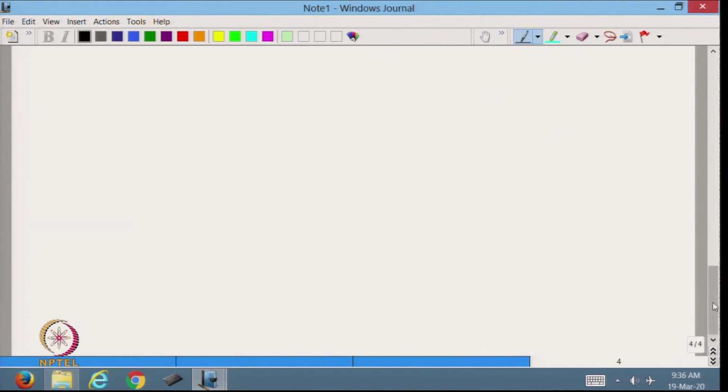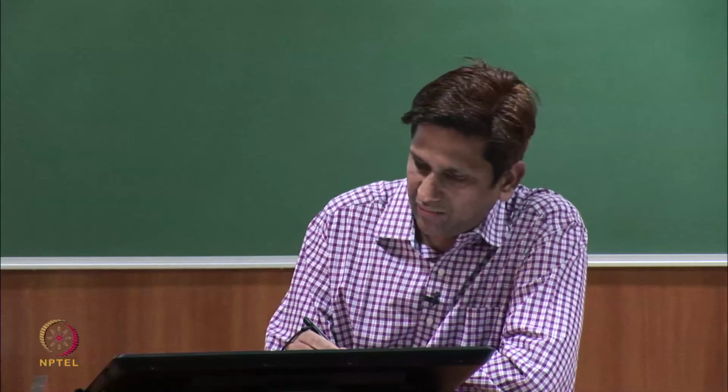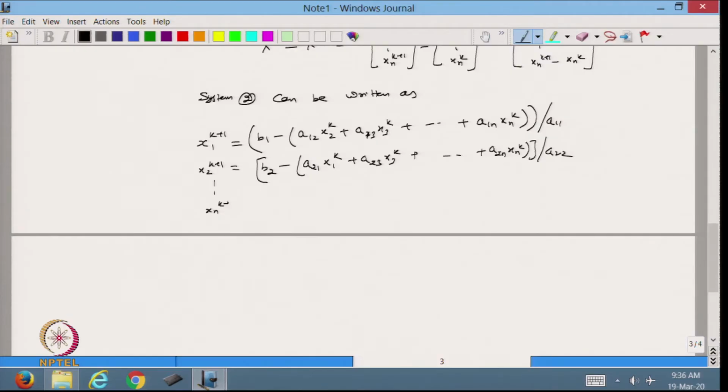In the last, I will get xn(k+1) equal to bn minus an1 x1(k), an2 x2(k), and in the last ann-1 xn-1(k), and then I am dividing the whole by ann. So this is my system.